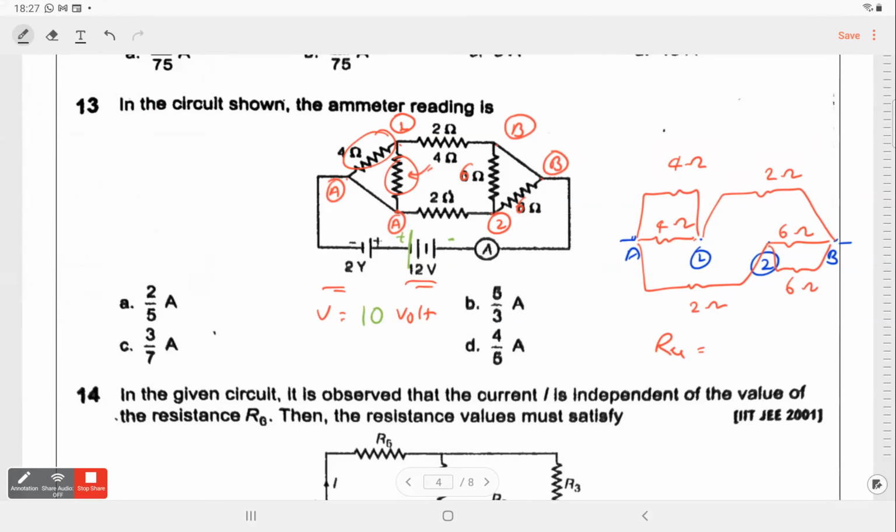So 12 and 2 are in opposite direction, so that becomes 12 minus 2, or 10.